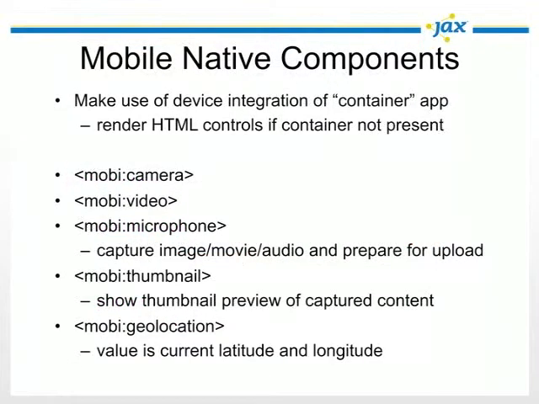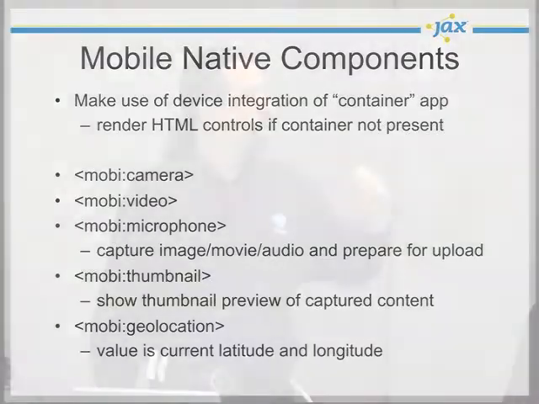We've implemented a variety of components according to this strategy. Camera, like video, is not quite done, but we'll have video upload soon. There's a microphone component where you can record audio. Now, the microphone component is a little bit different because it doesn't change the display on the device. You just press start recording, and then it records in the background while you're still looking at the web page, and you can stop recording. So you can build your own walkie-talkie with something like that.